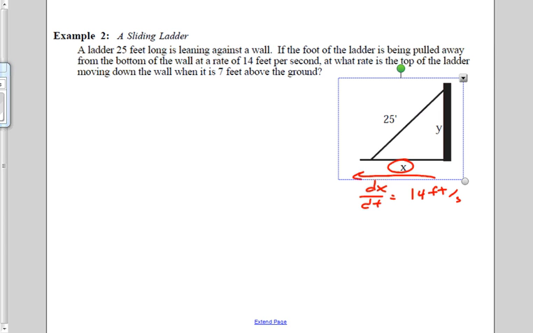It asks at what rate the top of the ladder is moving down the wall. We want to find dy/dt at the point when y equals 7, when it's 7 feet above the ground.